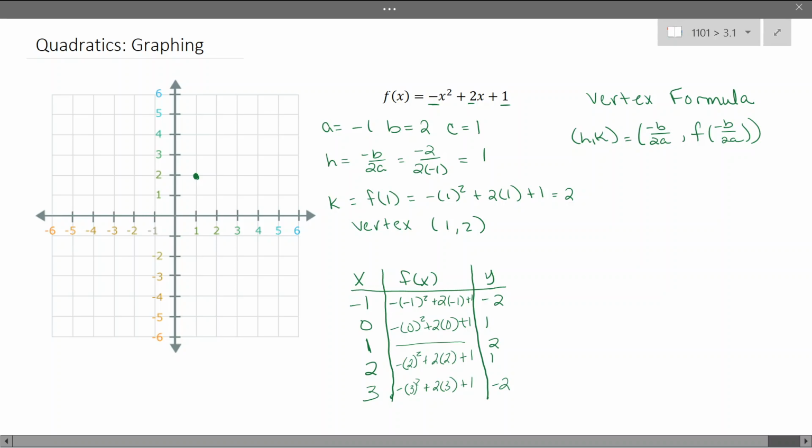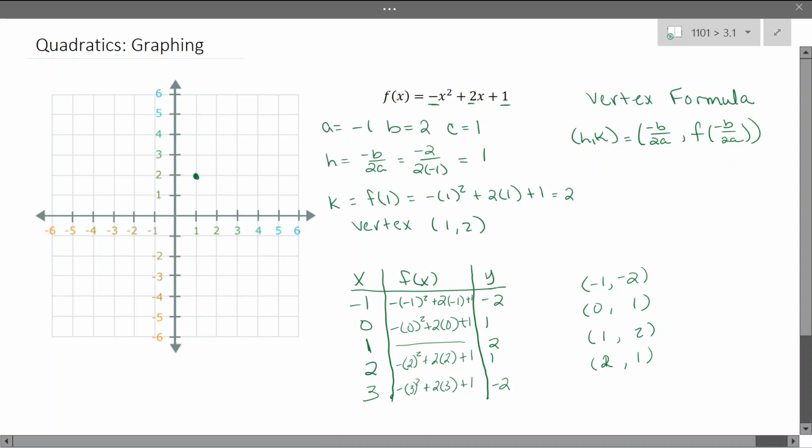So now I have a list of points. I have the points negative 1, negative 2; 0, 1; 1, 2; 2, 1; 3, negative 2.